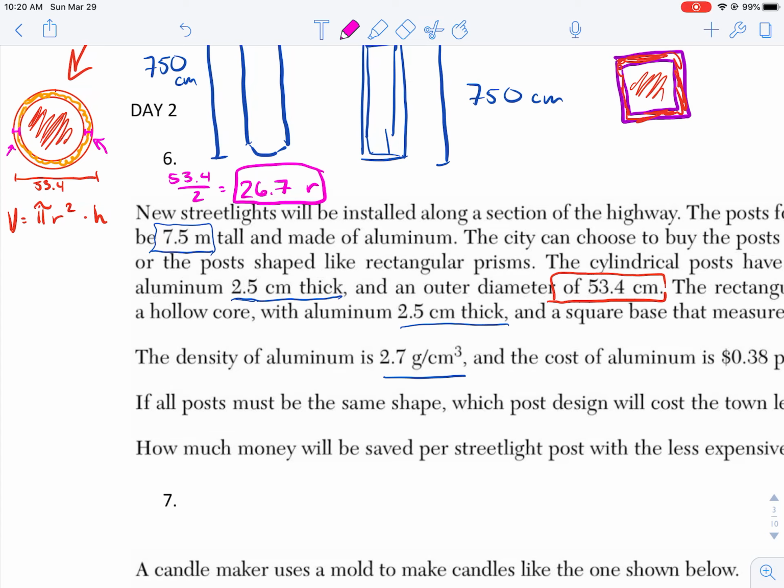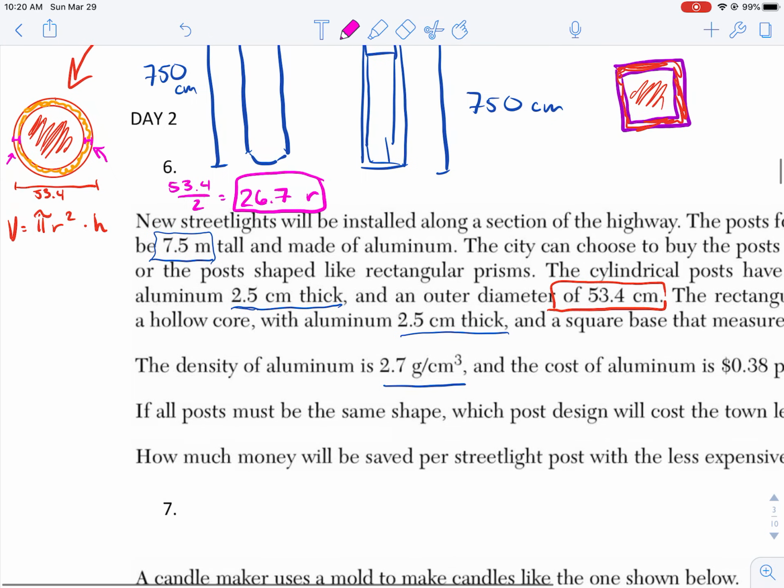Because if this is 2.5 here and this is 2.5 here, in order to find out what the radius is, I'm sorry, what the diameter is of that inner circle, we would just go 53.4 minus 5 is equal to 48.4.